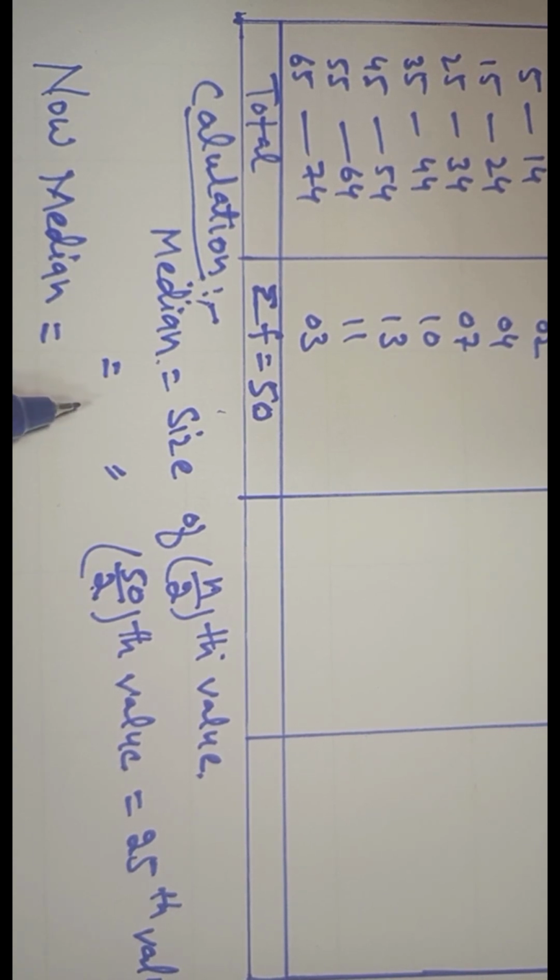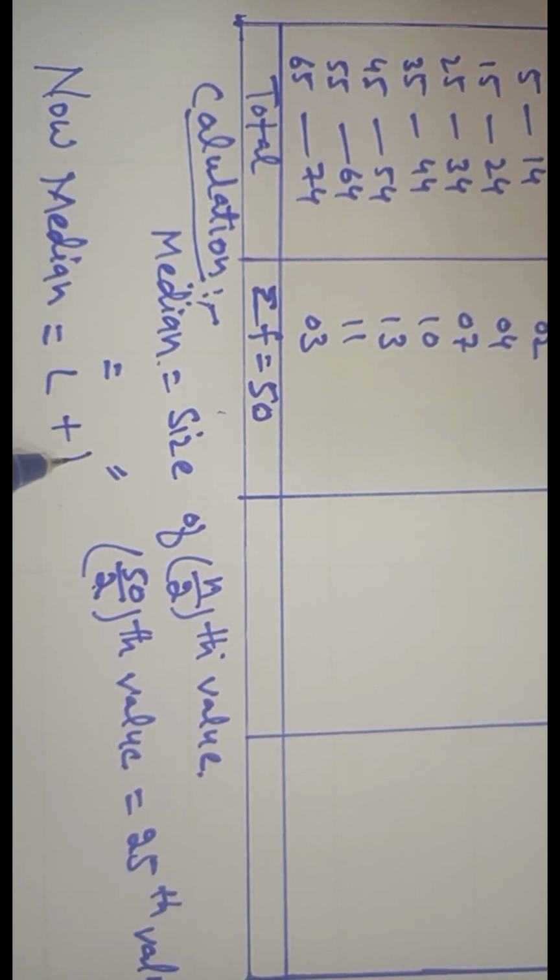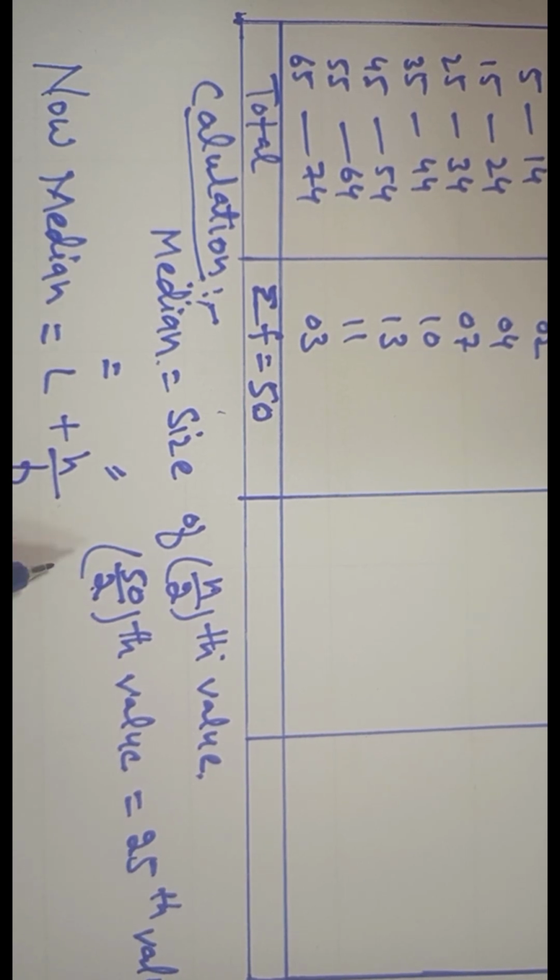Now we write the formula of median. L plus h over f into n by 2 minus c.